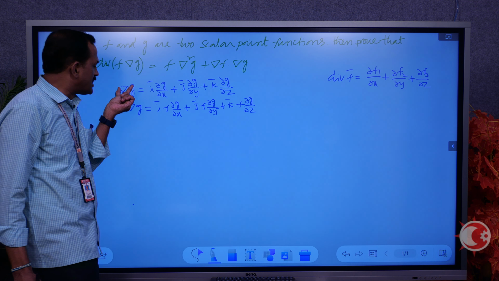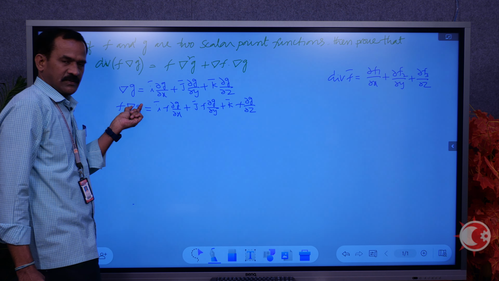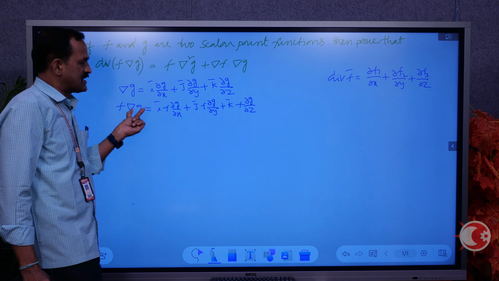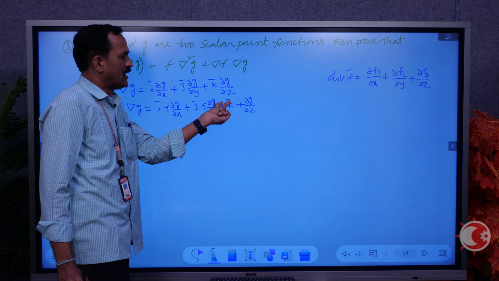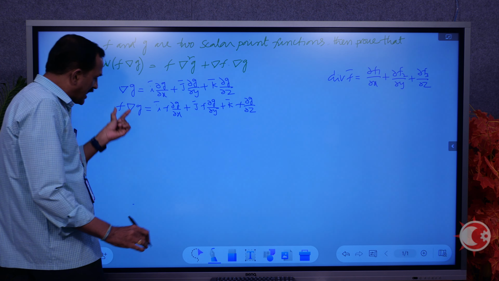Just we are multiplying del g by f. So f del g, that is the bracket part, is i bar into f dou g by dou x, j bar into f dou g by dou y, k bar into f dou g by dou z. That is f del g.